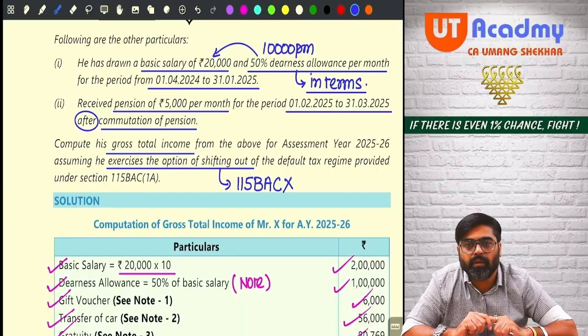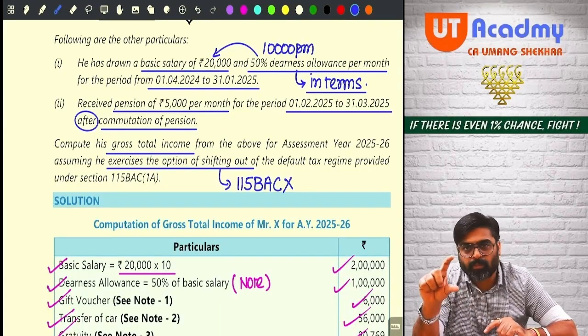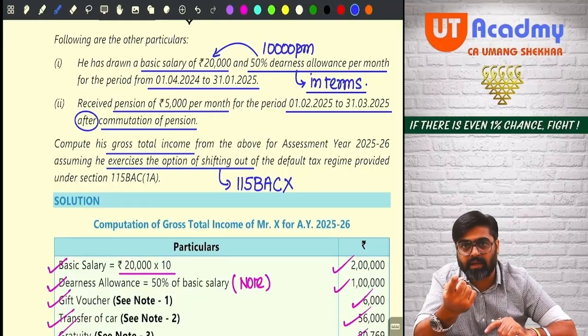Getting my point? So in your notebooks, write down this paragraph somewhere near this question, which I am dictating right now. Please write down.